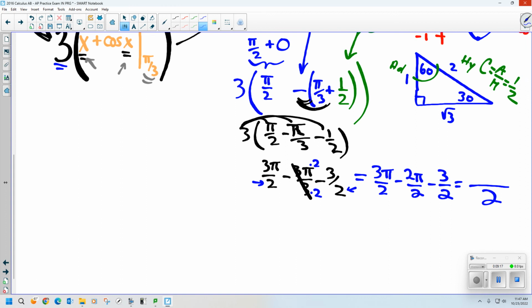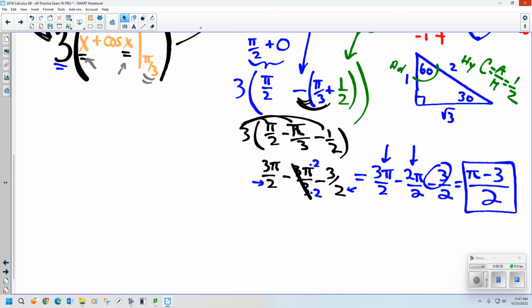Now, I can combine all these. 3 pi minus 2 pi gives me 1 pi, and then I have minus 3. That wasn't bad because we knew our trigonometry, okay? That always creeps its head up at some point in the test where you got to know the cosine, sine of 30 or 60 or 270 or 45, okay? So know those basic ones, all right?